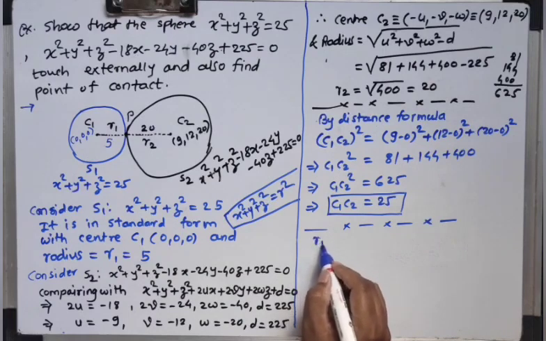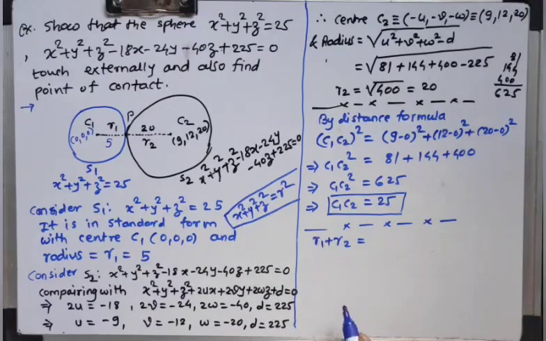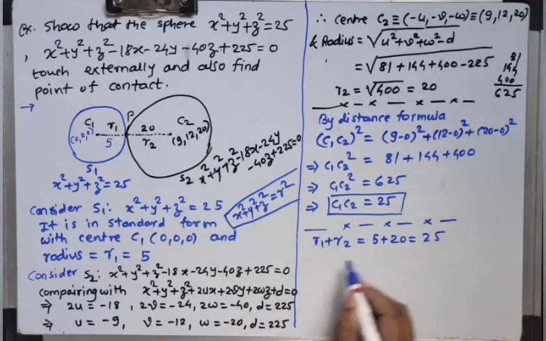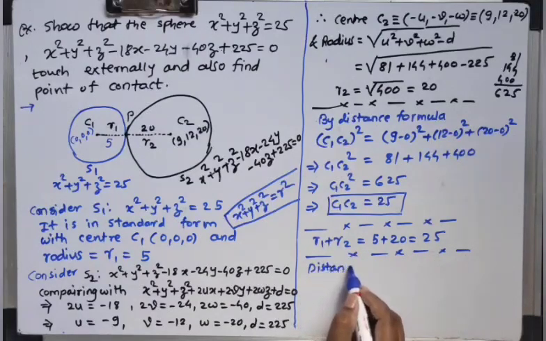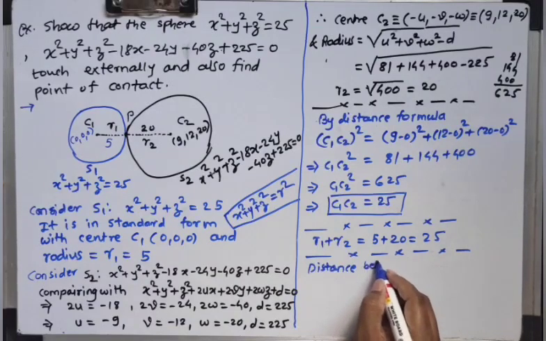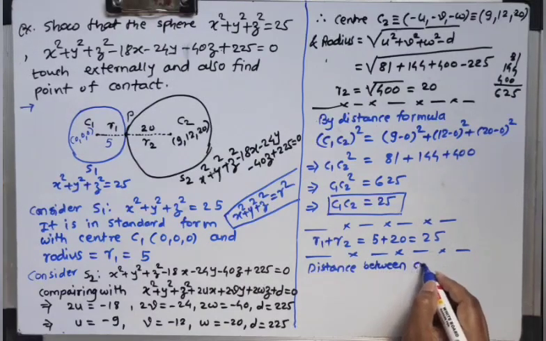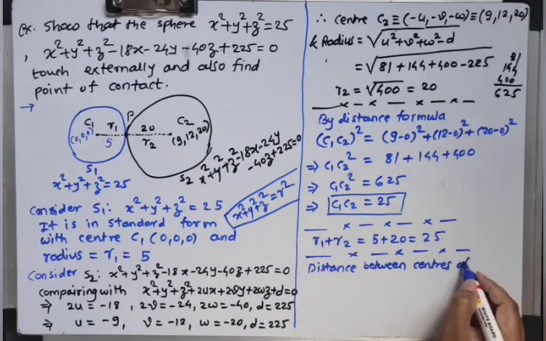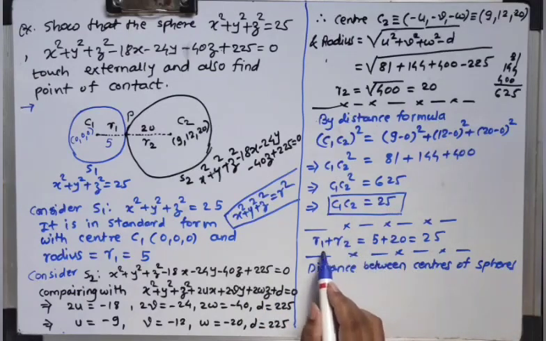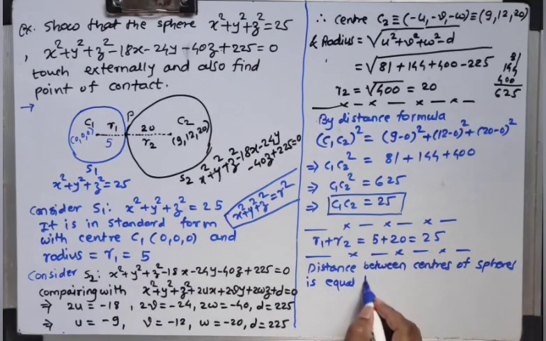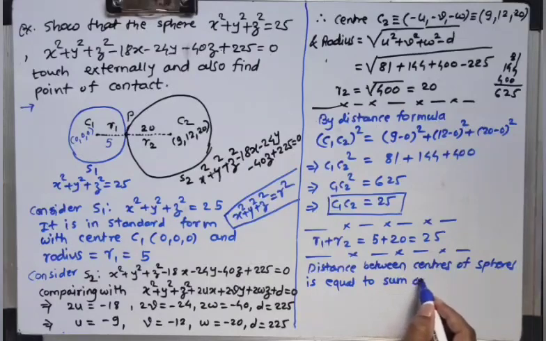And what is R1 plus R2? Addition of two radius. R1 is 5 and R2 is 20. It is 25. So you can see that distance between centers of spheres, that is C1 C2, is equal to sum of radius.